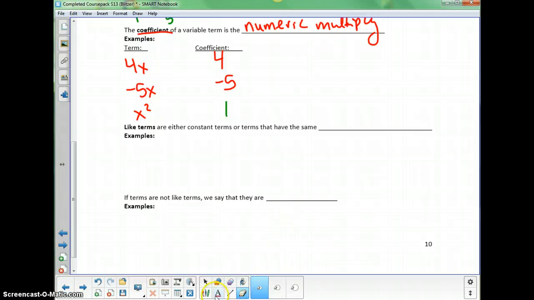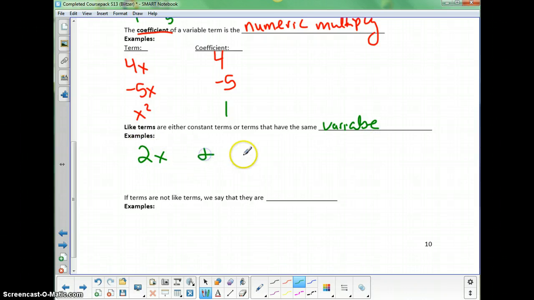Okay? And like terms are terms that are either both constants or have the same variable. So for example, 2x is like 3x. Or it's also like 7/4 x. It's the variable part that's the same.